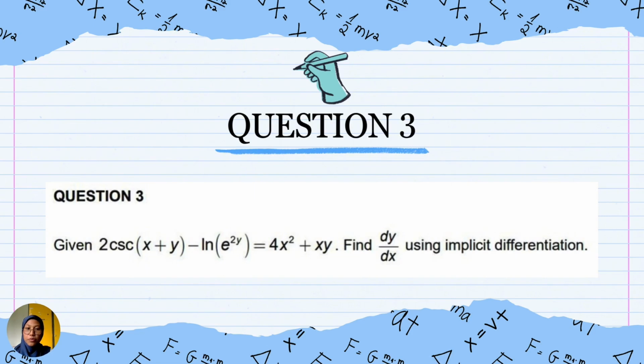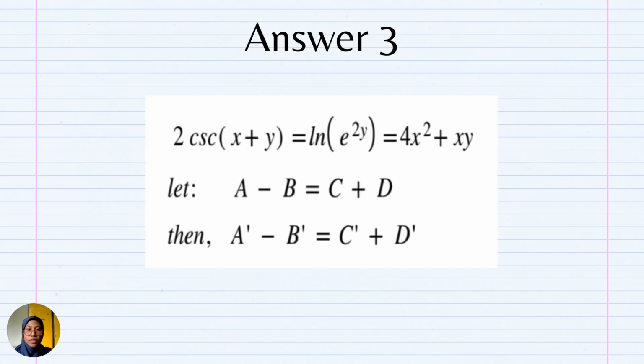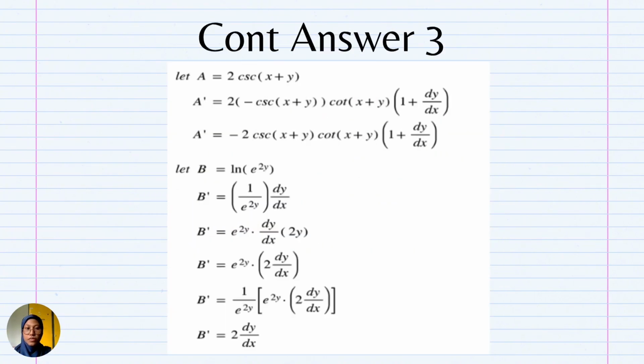I will explain question 3. Given 2 cosec(x + y) minus ln e to the power 2y equal 4x squared plus xy, find dy over dx using implicit differentiation. For answer 3, we need to separate into 4 parts, which is a minus b equals c plus d.